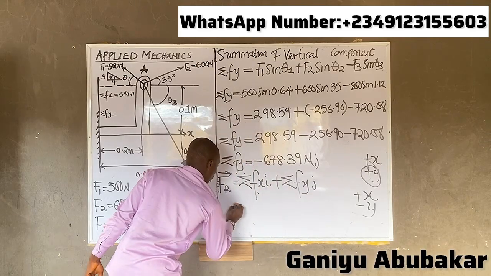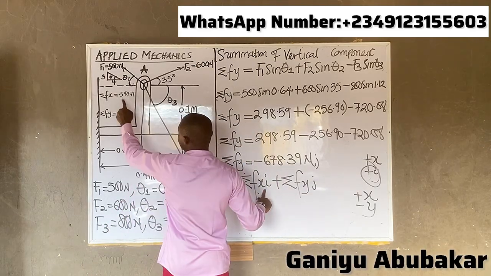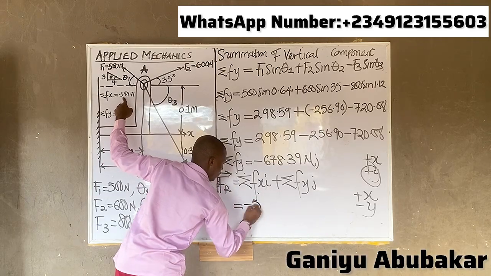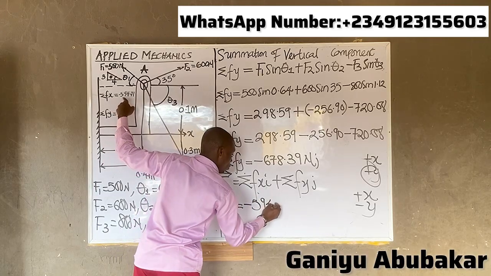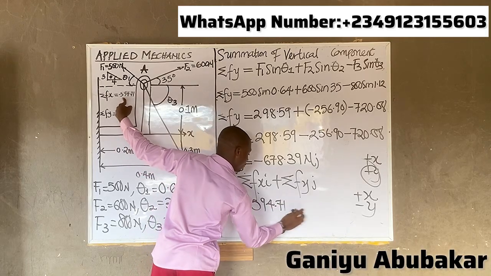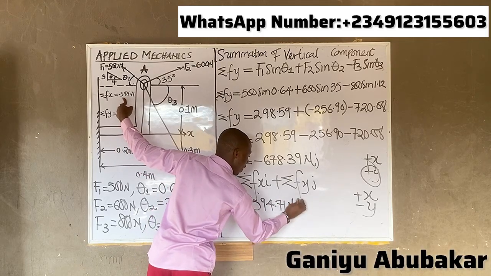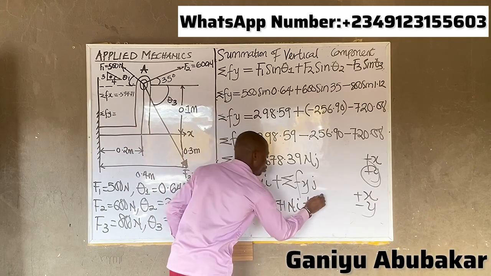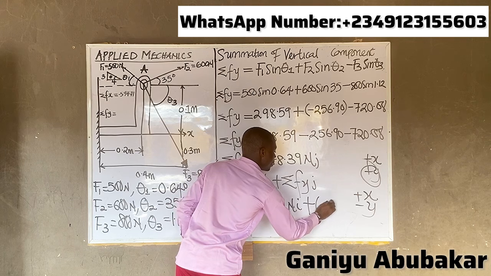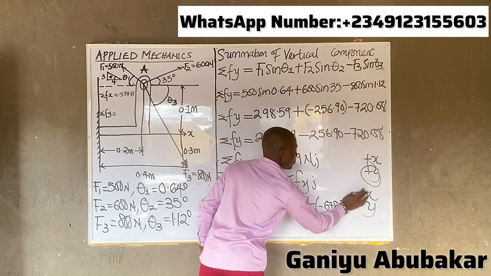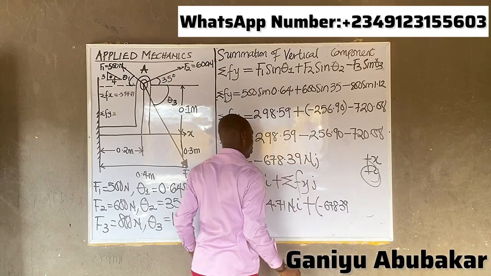So this one gives about negative 594.71 Newton i, plus negative 678.39, of course, Newton j.